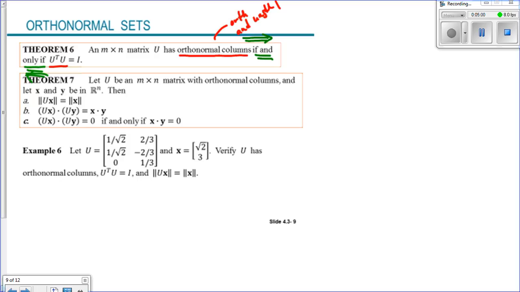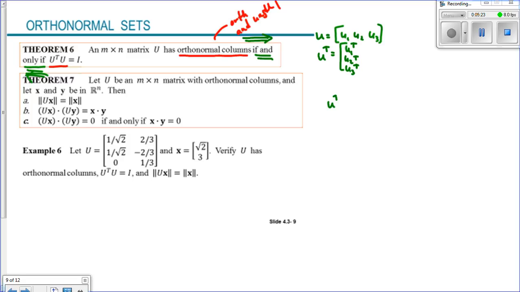Okay, so if I want to show that quickly, I'm going to let U be represented as U1, U2, U3. I'm just going to use a simple 3 by 3 matrix. Those are the columns of U. That means U transpose will look like this: U1 transpose, U2 transpose, and U3 transpose.